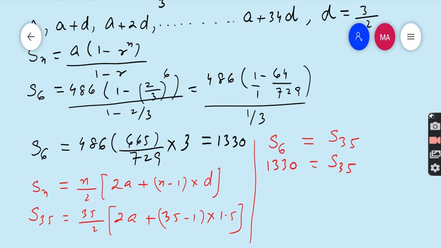So here we replace S35 by 1330 is equal to 35 upon 2 into 2a plus 35 minus 1, which is 34. 34 multiplied by 1.5 is 51. Now solve this equation to find a.